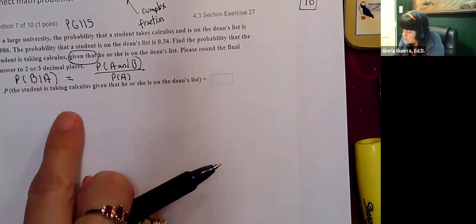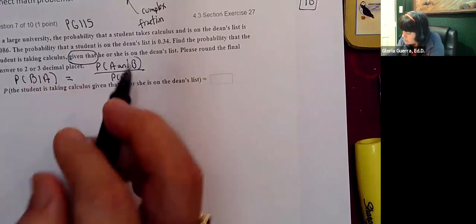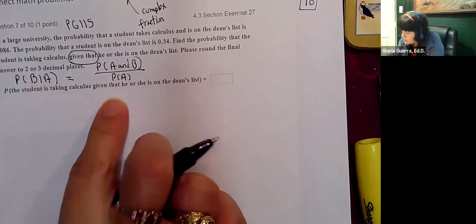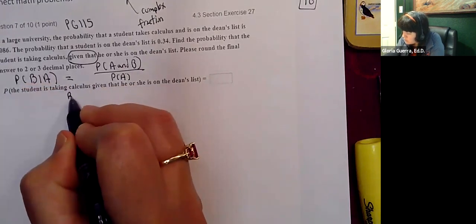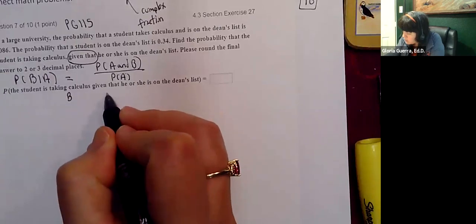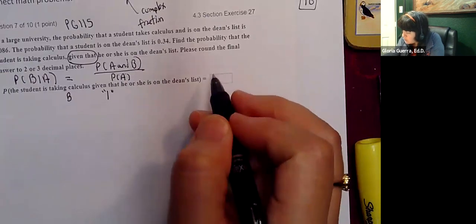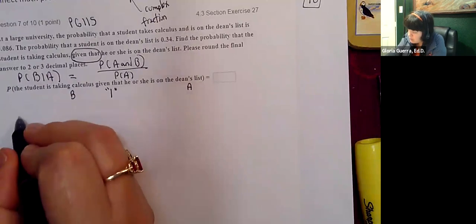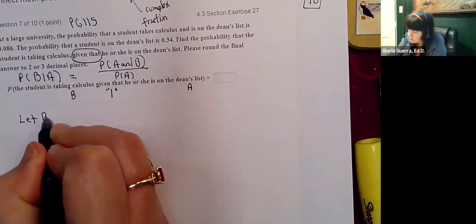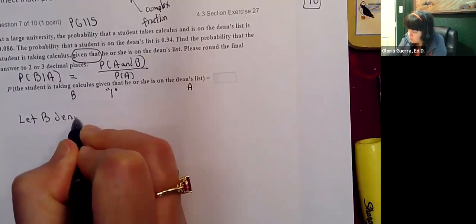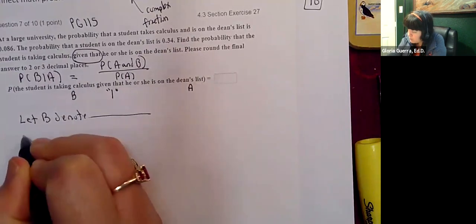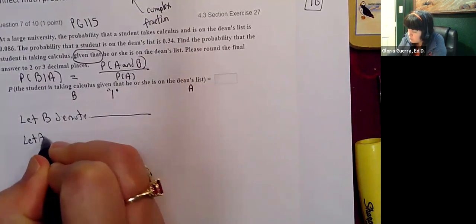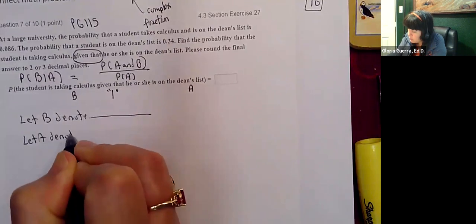So that means that this represents B. Students taking calculus, that represents B. Given that, so that's this bar here, he or she is on the dean's list, so that's the A. Okay, so oftentimes on your tests, you'll see this: let B denote blank, let A denote blank.